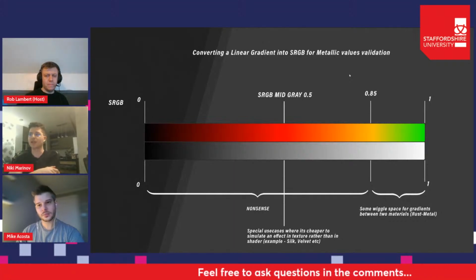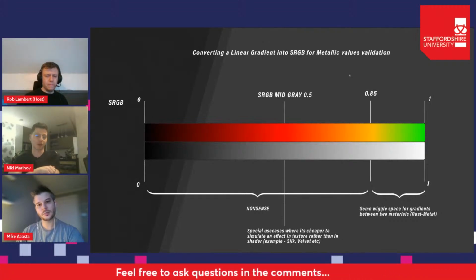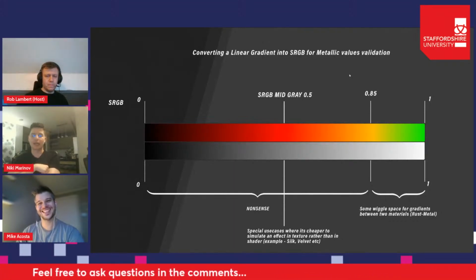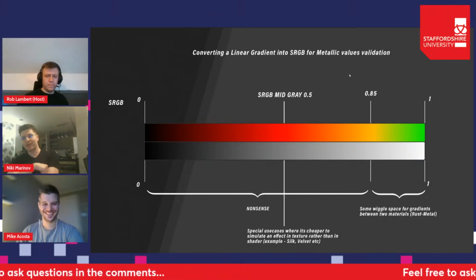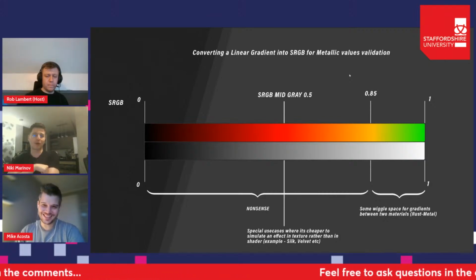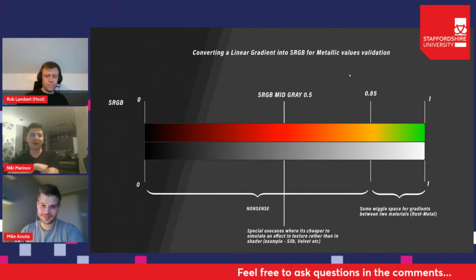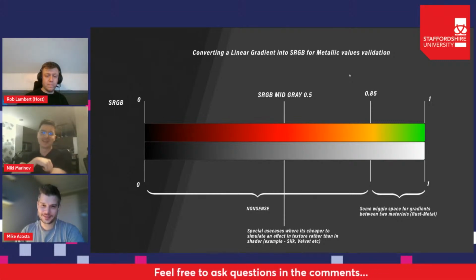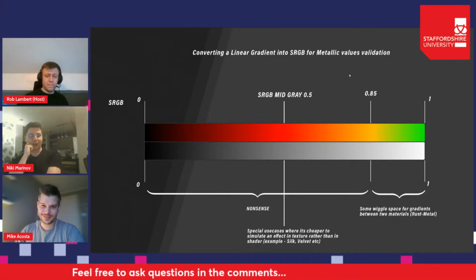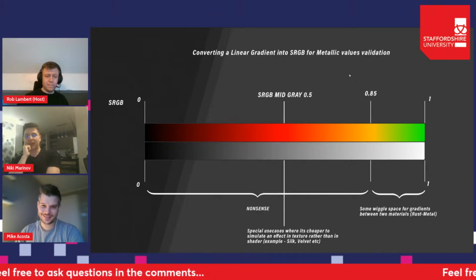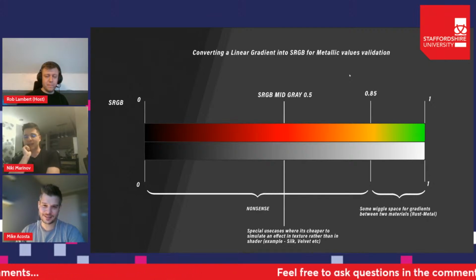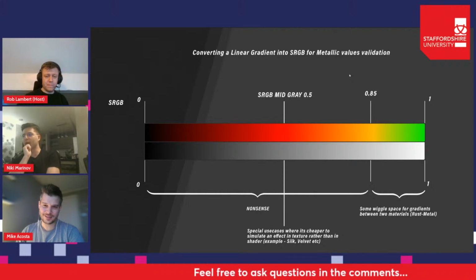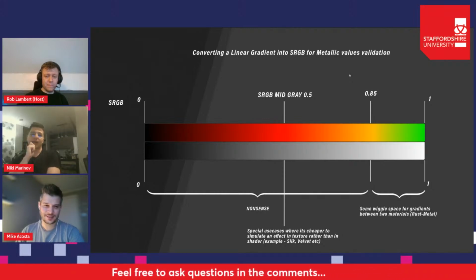metallic values. And this is a very controversial topic, because some people are purists and say that your values have to be either 0 or 1, and some people are not. I'm part of the purist group, and that's what we do in Frontier. So your metallic map should be either completely white or completely black, and the only acceptable wiggle room you would have would be a transition.